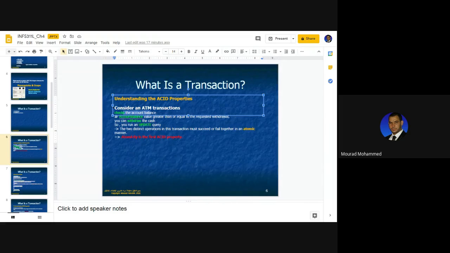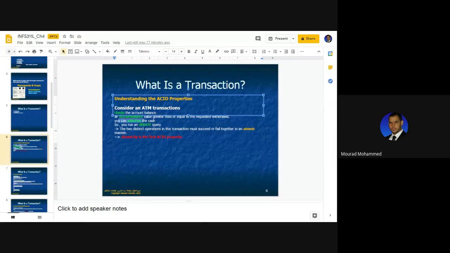So the system has to check the validity of the requester by checking his account: who are you, which account are you referring to. Then, does the account have enough balance to provide whatever you requested?